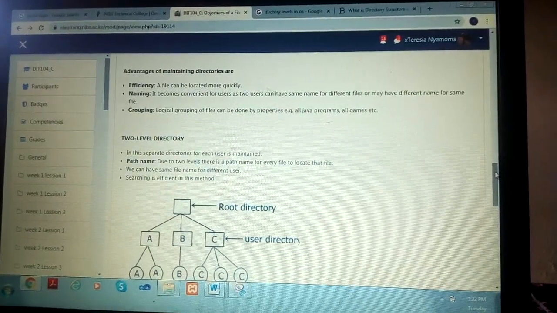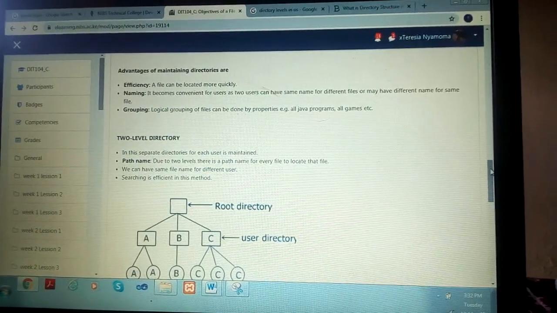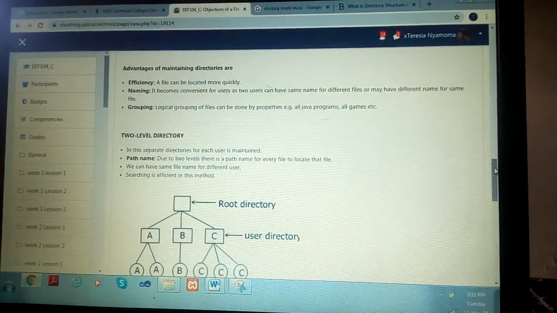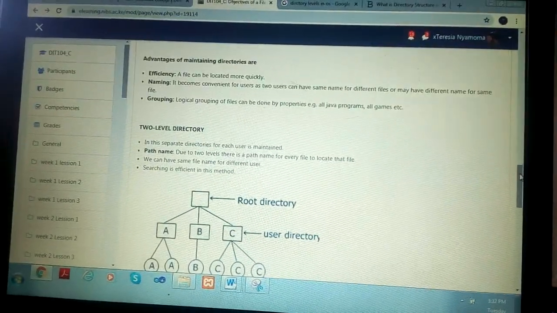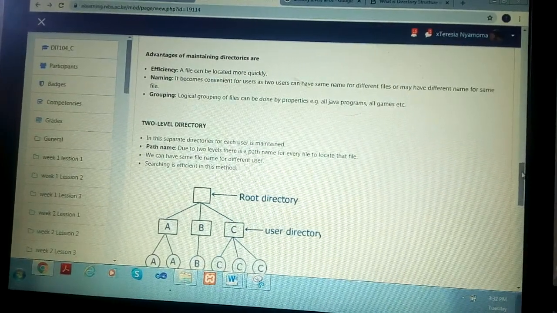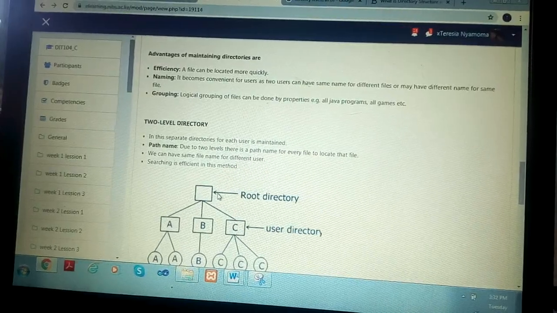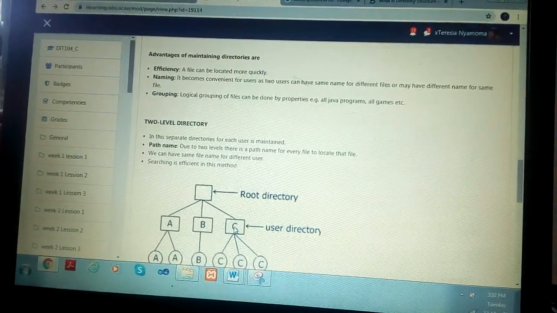For two-level directory, a separate directory for each user is maintained. There's a path name that has to be followed in order to access the files. And so, at the root directory, we have different user subdirectories which can be created.